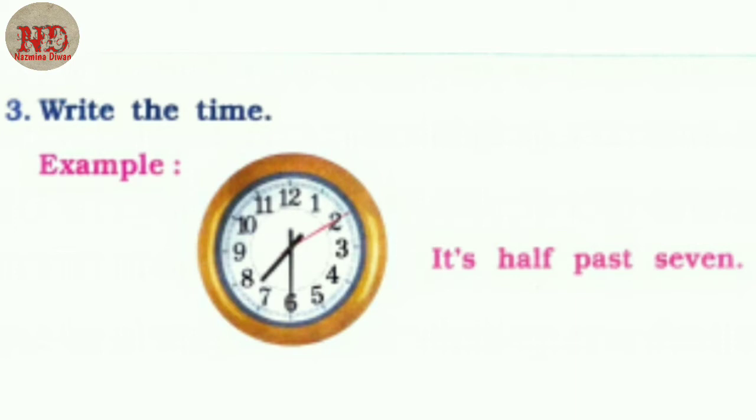It means the same as 7:30. When is 7:30? We can say it's 7:30. So there are a few different ways to say what time it is. Okay, it's a short way of saying it's half an hour after 7.